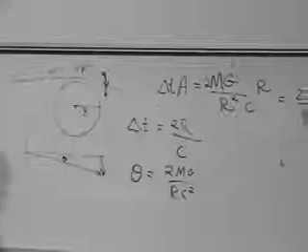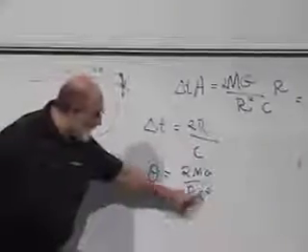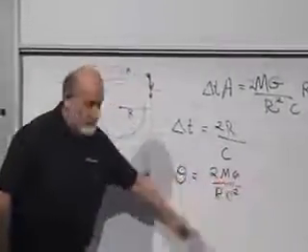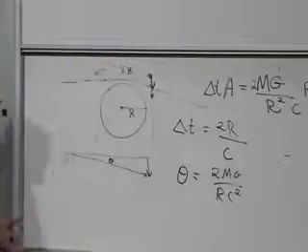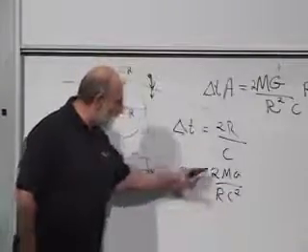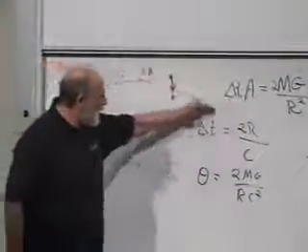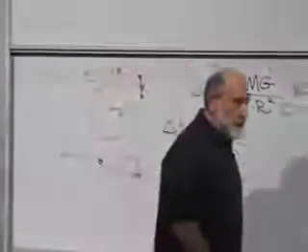That's a very small angle typically, mainly because c is a big number and G is a small number. C squared is even bigger, so that's typically a small angle when the light ray goes across the sun.